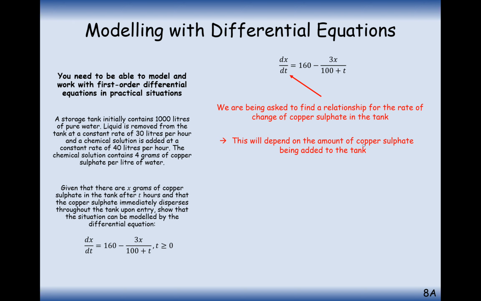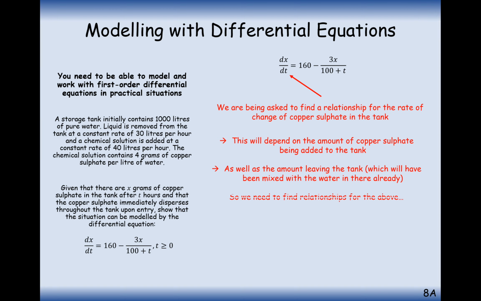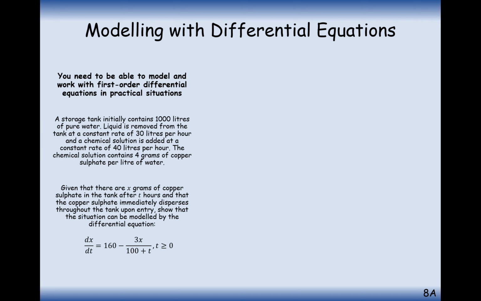This would depend upon the amount of copper sulfate being added into the tank, as well as the amount leaving the tank, which will have been mixed into the water already. So if we imagine after 3 hours, there'll already be some copper sulfate in the tank, but part of that will be leaving because liquid leaves the tank every hour. So that will include some of the copper sulfate. So we need to find the relationship for the above.